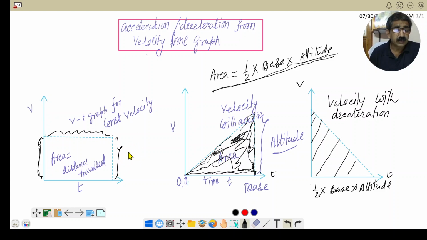So this is B, this is L, area is equal to L into B. In this case, half into base into altitude. So these are indispensable information from geometry, and this geometrical knowledge is applied in physics.